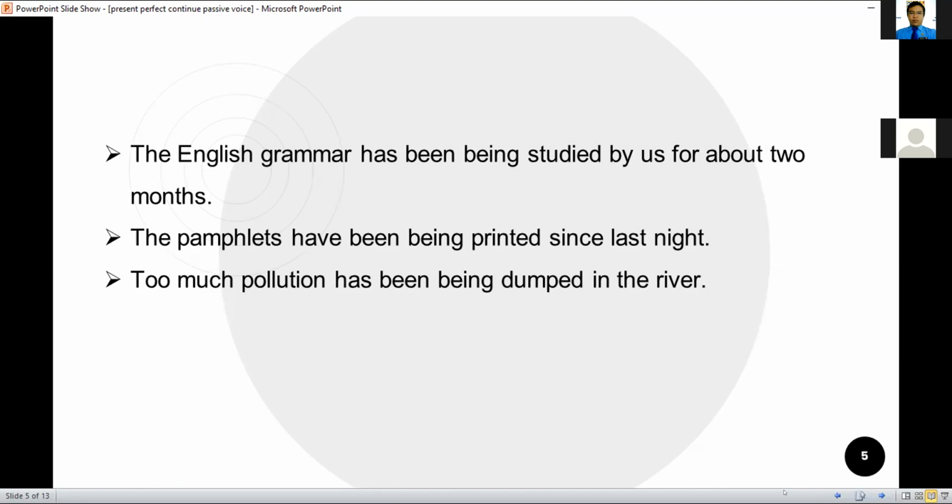This is an action in the past that continues into the present. And in example number 2, we saw that actions occur recently as well.